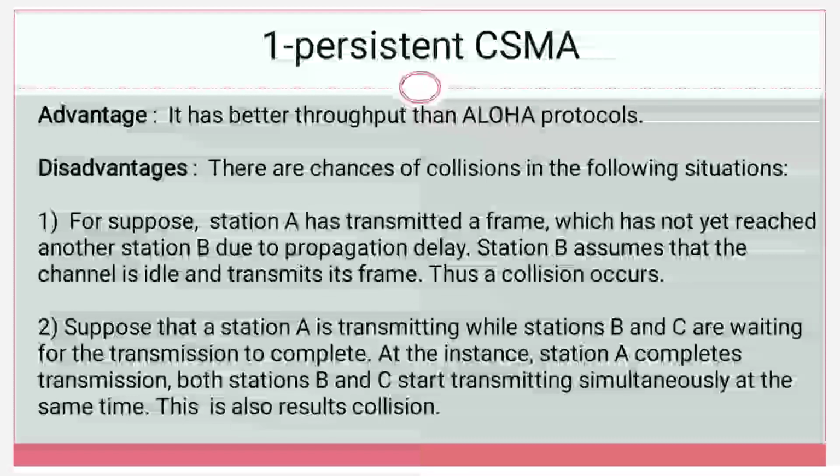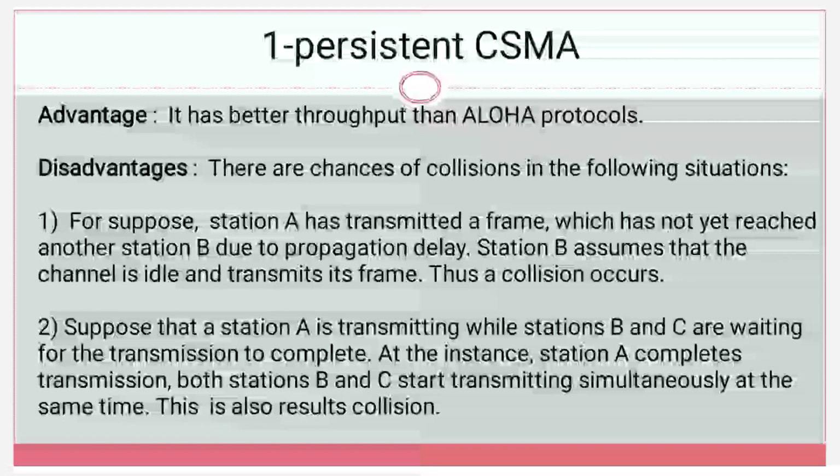Even though we are sensing the channel, there may be a chance of collisions. That's why CSMA is not for complete elimination of collisions. Here we just reduce the chances which occurred in the Aloha protocol. In Aloha protocols, we reduce the collisions by using slotted Aloha, but in slotted Aloha also there may be collisions.